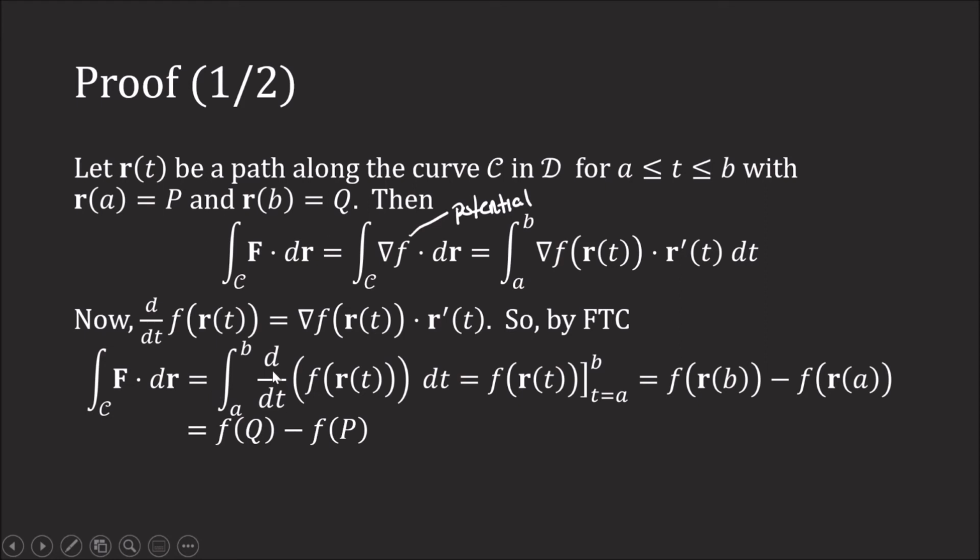If you take the integral of a derivative, remember, they're essentially inverse operators of each other. So this is just f of r evaluated from t equals a to b. So this is f of r of b minus f of r of a. But we said that r of b was Q, r of a is P, so we have f of Q minus f of P. So that proves the first statement.